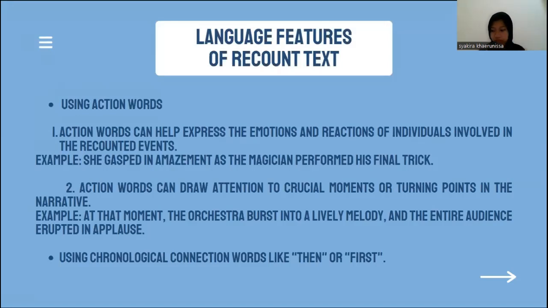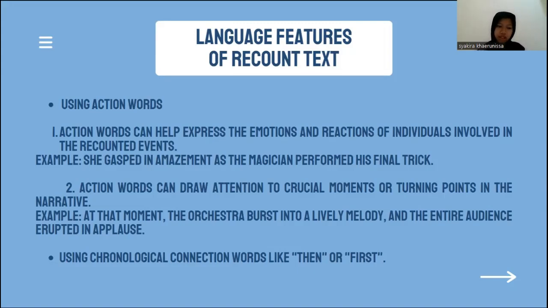Language features of the recount using action words. One, action words can help express the emotions and reactions of individuals involved in the recount event. For example, she gasped in amazement as the magician performed his final trick.